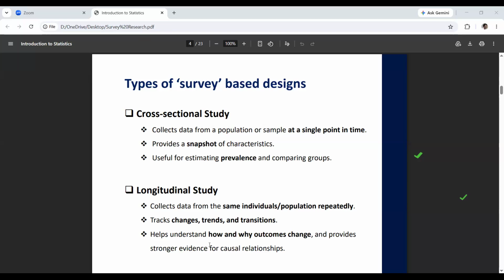But take PLFS, the Periodic Labour Force Survey, conducted every year, in 2017-18 and in 2018-19. If a survey is conducted in consecutive years and you compare the estimates, suppose the unemployment rate in 2017-18 was 4% and in 2018-19 it was 4.5%.